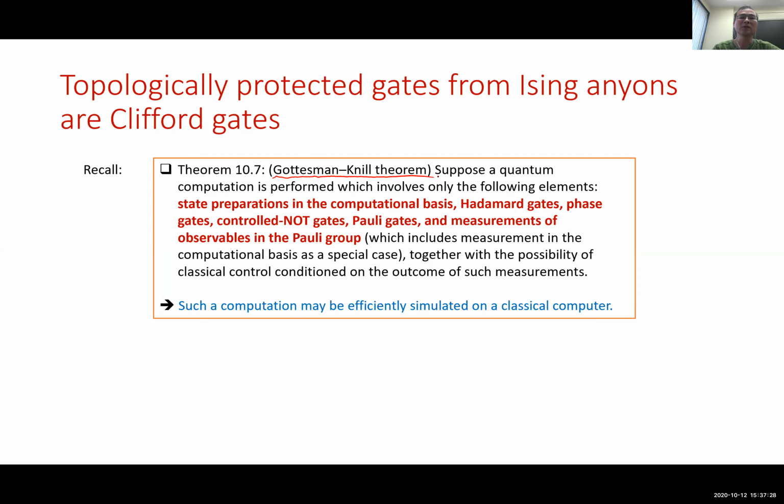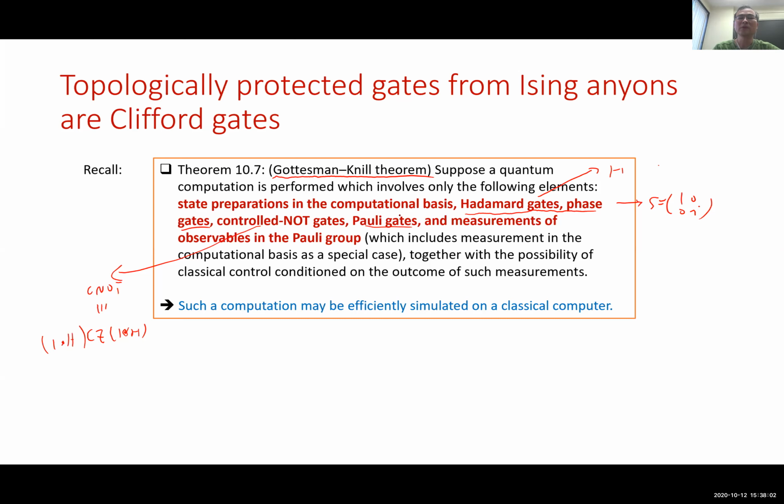It says that if the state preparation is in the computational basis, you can only apply the Hadamard gate, the phase gate, this phase gate means S, the Hadamard gate H, and the CNOT gate. The CNOT gate is equivalent to a CZ gate, but with Hadamard to transform the basis. Okay.